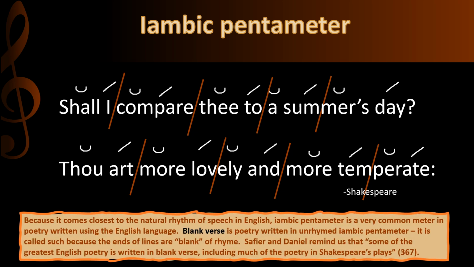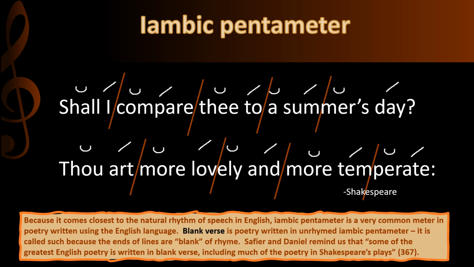Because it comes closest to the natural rhythm of speech in English, iambic pentameter is a very common meter in poetry written using the English language. In fact, we have a very special type of poetry called blank verse, which is poetry written in unrhymed iambic pentameter. It is called such because the ends of lines are blank of rhyme.